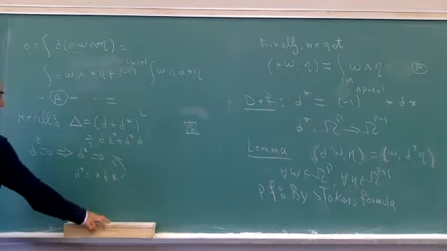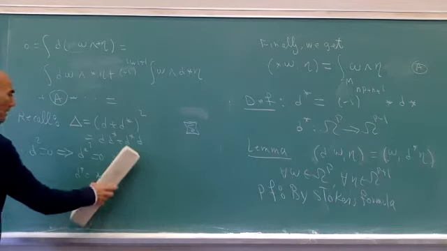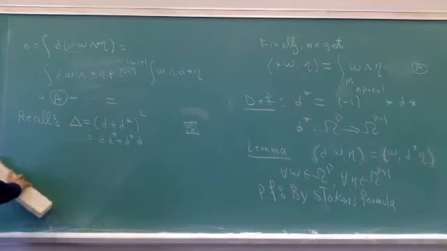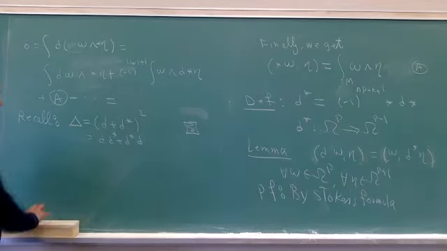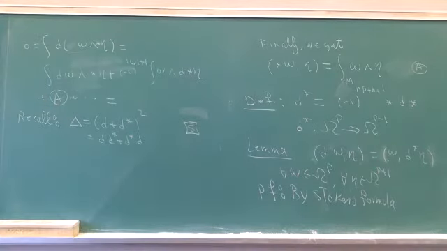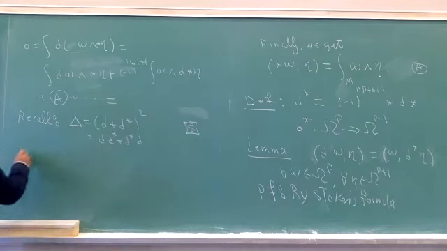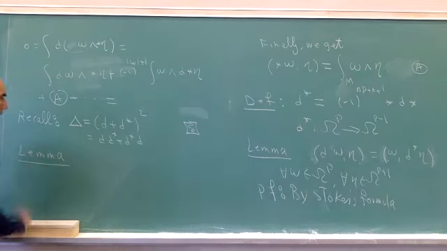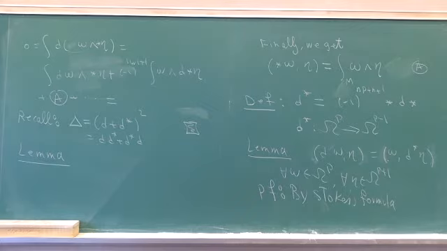So we have that Laplacian, and now we want to check this statement. Before doing that, here is another interesting lemma. This lemma is the following: the Laplacian commutes with the star.